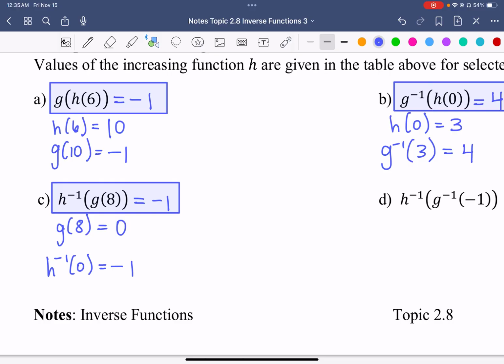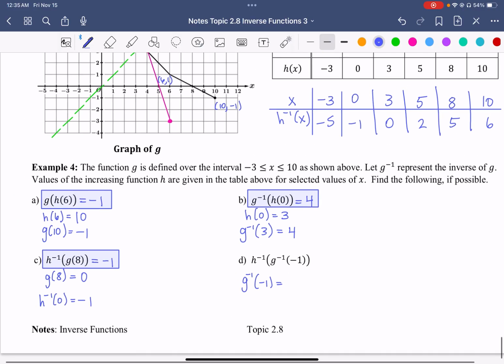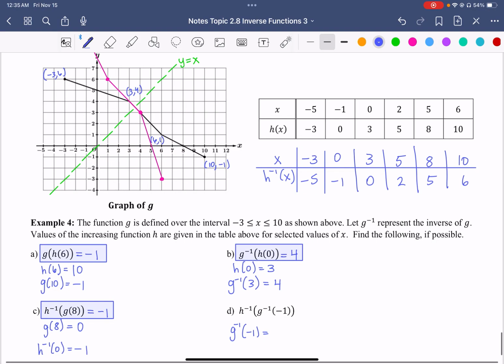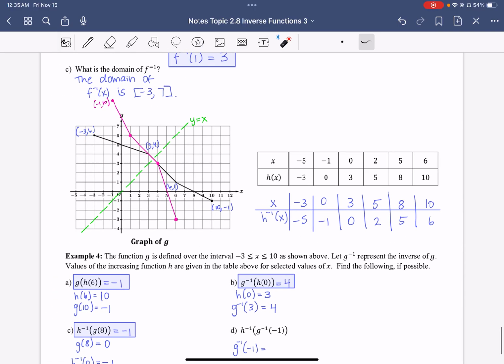Okay. And then lastly, we have the inverse of h composed with the inverse of g of negative 1. So you do the inside first, the inverse of g of negative 1. We're going to go to the graph where x is negative 1. And we're going to go to the pink line because they asked us about the inverse. So when x is negative 1, my y value was 10.